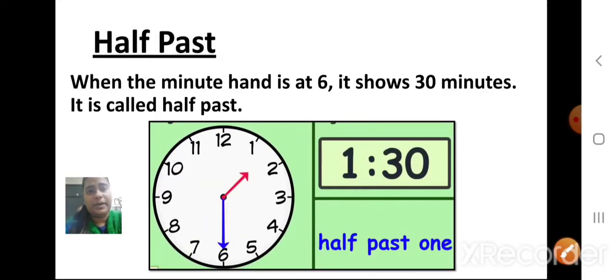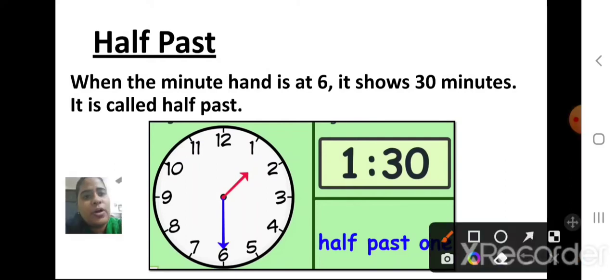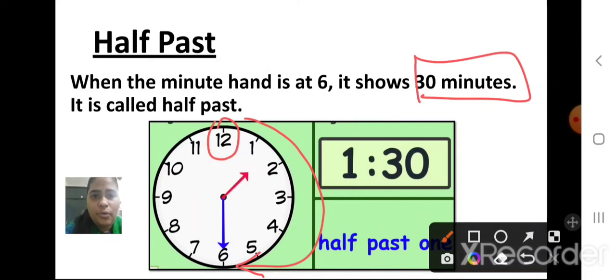Next is half past. Okay, half past, like half is here 30 minutes. That means 30 minutes are over. If you calculate, children, from 12, when the minute hand reaches 6, that time 30 minutes are over.